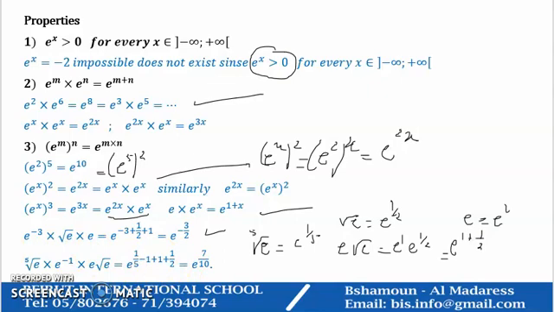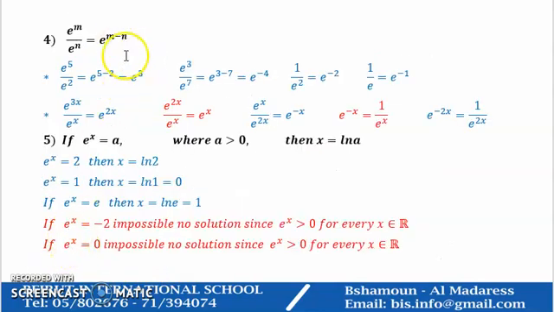Now, what about e^m over e^n? e^m over e^n equals e^(m-n). e^5 over e^2 equals e^(5-2), which is e^3. e^(3x) over e^x: I'm not going to simplify by x. No, this is m minus n, which is e^(2x).